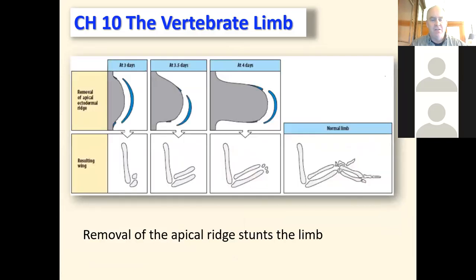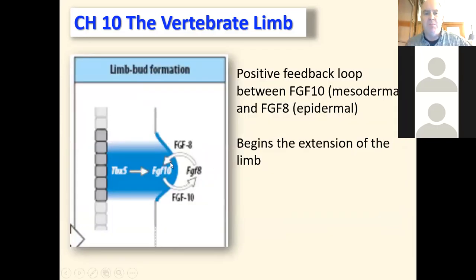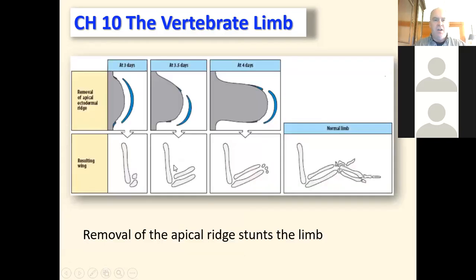Okay, so backing up a bit, this is what causes the extension of the limb bud, this expression of FGF10 and FGF8 that are reinforcing each other. And here's the experiment that shows that. If you take the apical ridge off an early limb bud, you only get the more proximal structures.